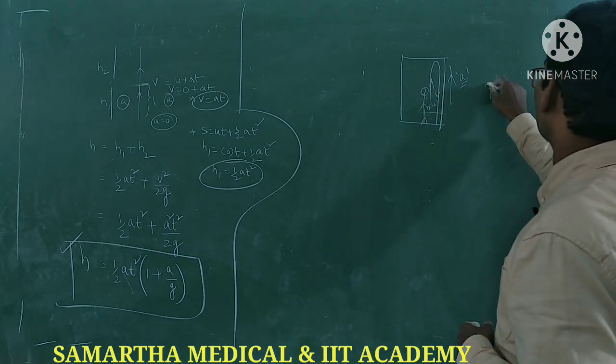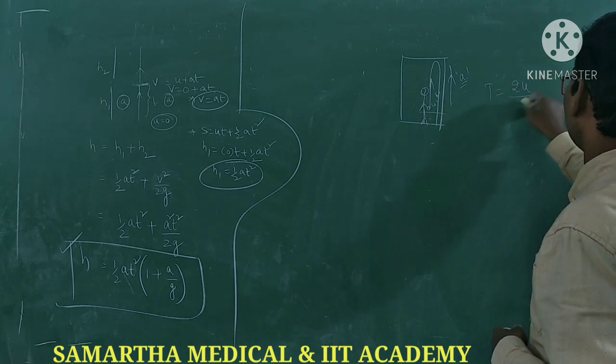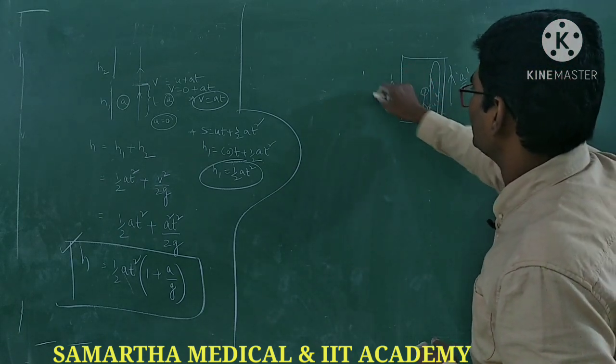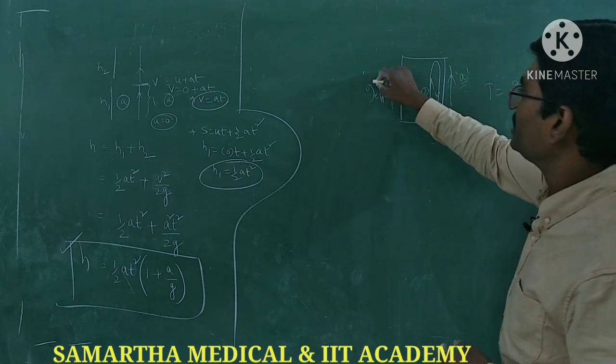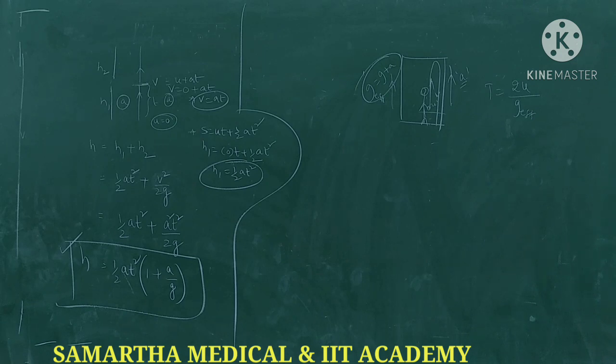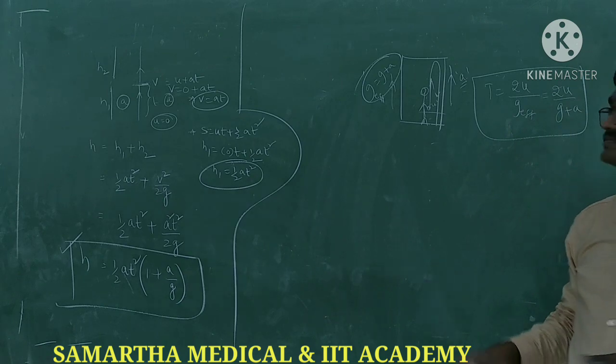So t is equal to 2u by g effective. While it is going in the upward direction, g effective will be g plus a. So the time of flight is 2u by g plus a when the lift is moving upward with an acceleration a.